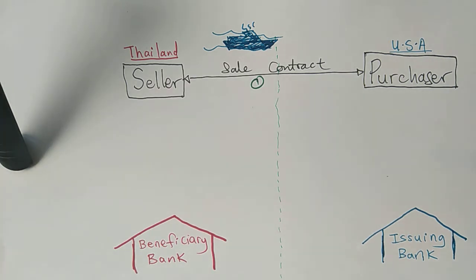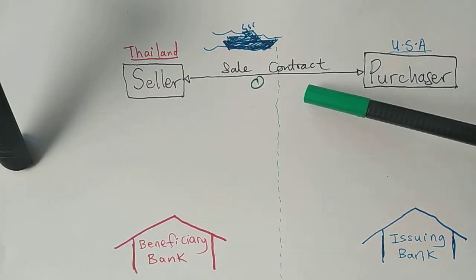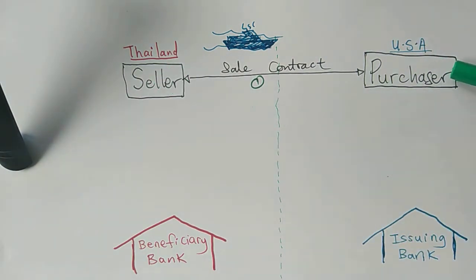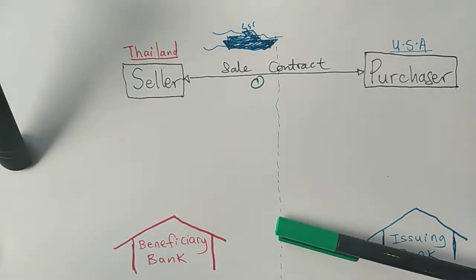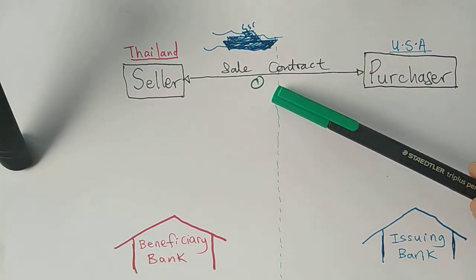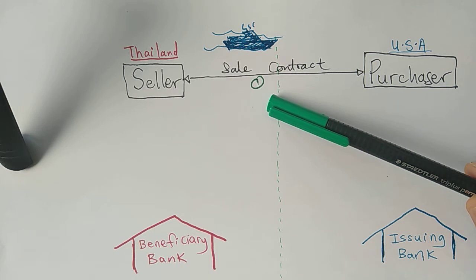Before there was even a sale contract between the seller, in this case in Thailand, and a purchaser, in this case in the US, the starting point is not really the sale contract. So the number one here is not really accurate. There are 1 or 2 things that would happen before the sale contract is entered into.